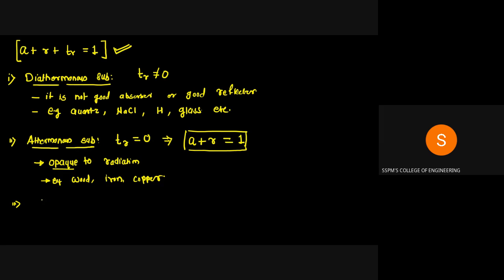Third substance is a good reflector. So good reflector means its transmission coefficient must be 0 and absorption must be 0. Okay. So the radiation falling on the object or the surface must be completely reflected. So the coefficient of reflection must be equal to 1. And the last we have the perfectly black body.